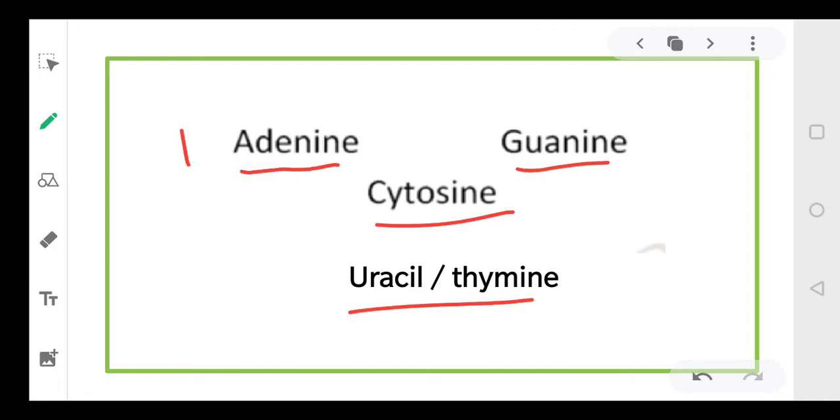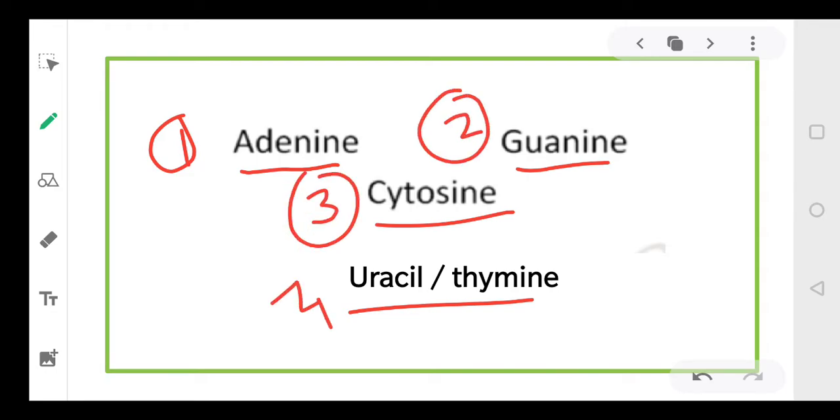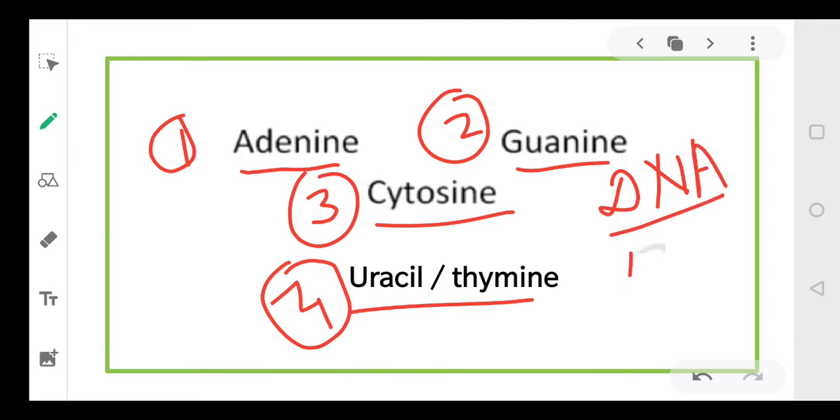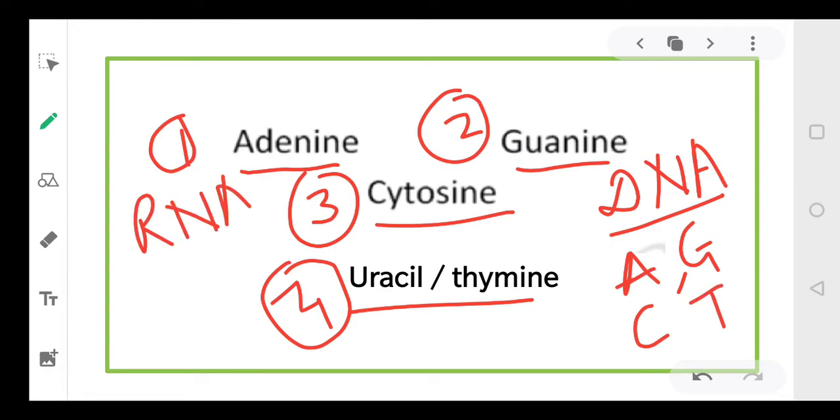In case of DNA, we have adenine, guanine, cytosine and thymine, while in case of RNA, we have adenine, guanine, cytosine and uracil. So DNA and RNA both are constituted by 4 nitrogenous bases.